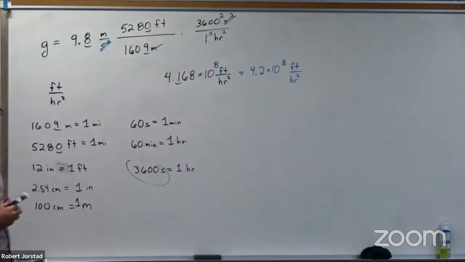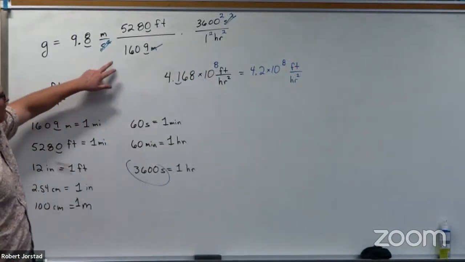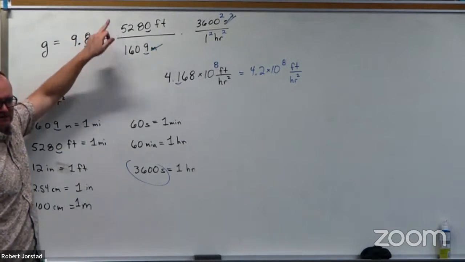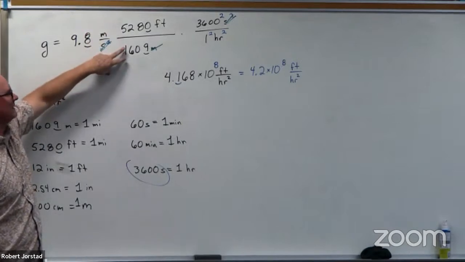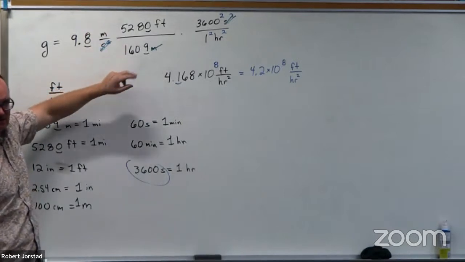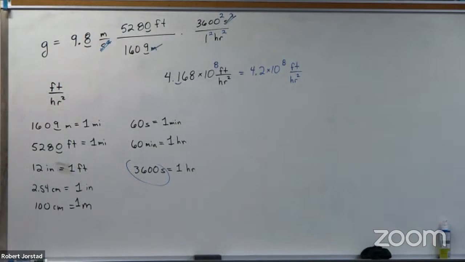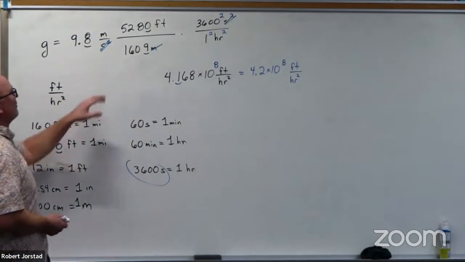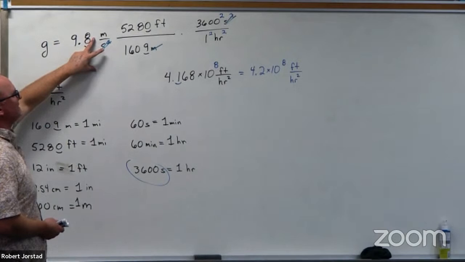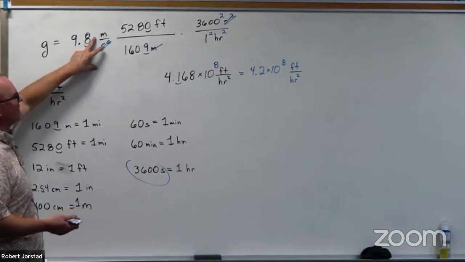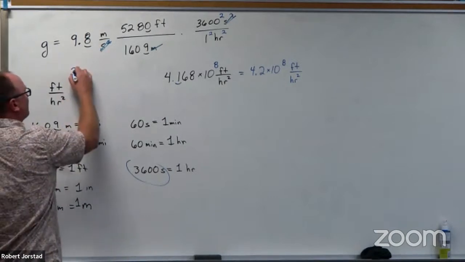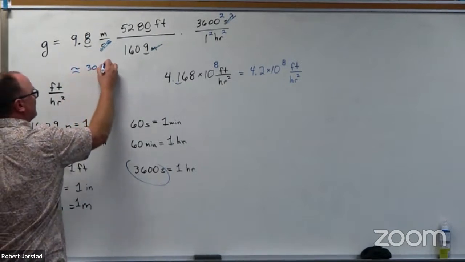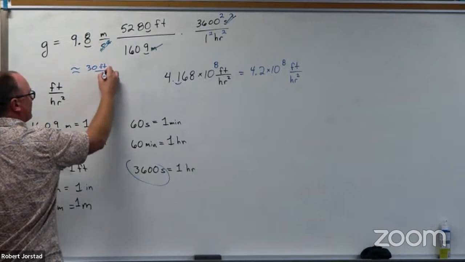Now, here's where we might want to do a reality check. I know this seems a little bit crazy, but this number here is about 3, right? Think about it. There's about 3 feet in a meter. So in this case, we're talking about approximately 30 feet per second squared.